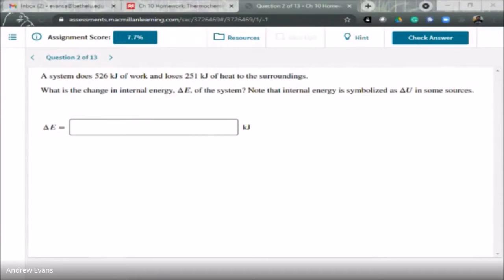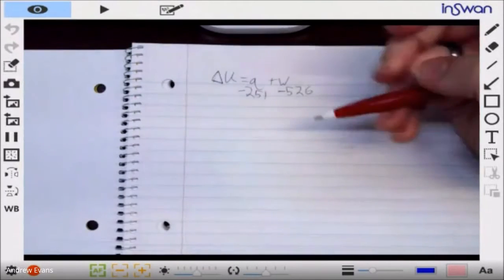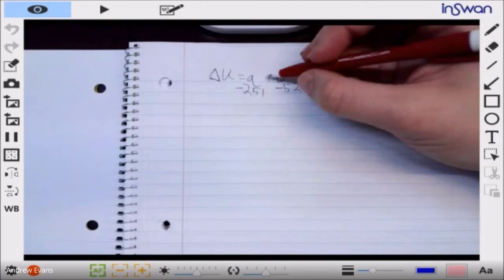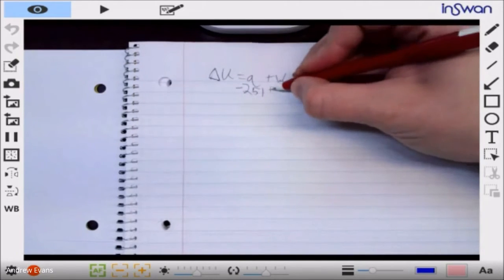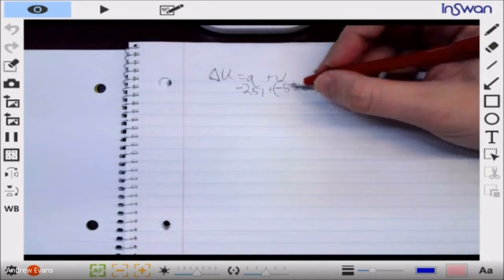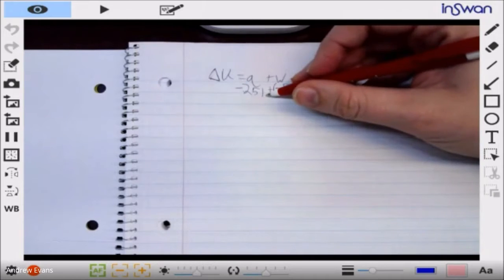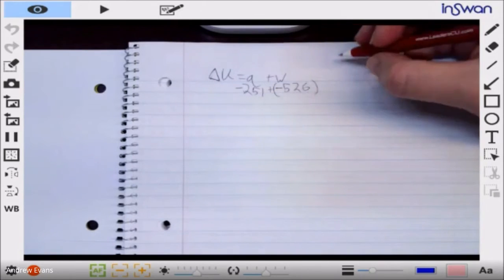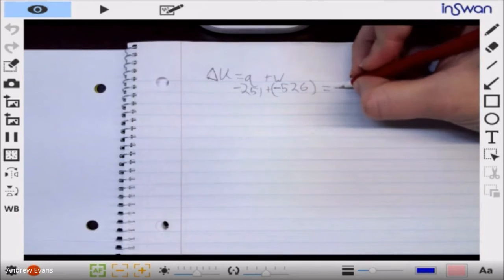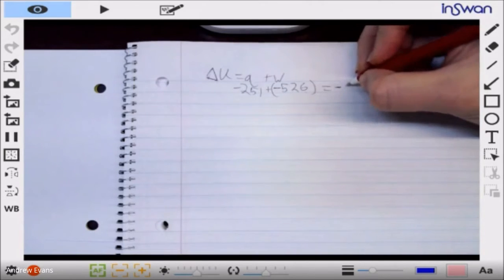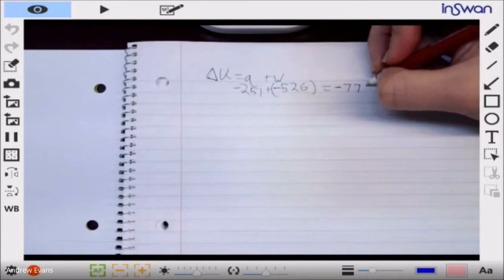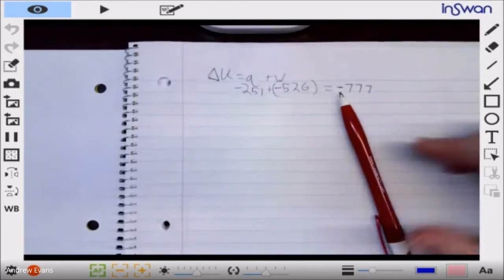And so our scenario here is delta U equals negative heat plus a negative work. Work is leaving the system, heat is leaving the system, so they're both negative. You add these together, you would get simply negative 777. Well, that's convenient.